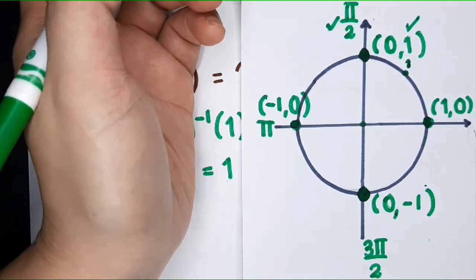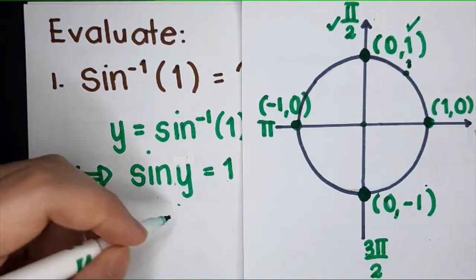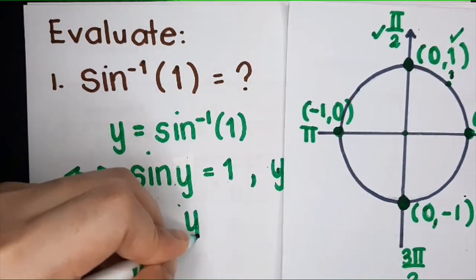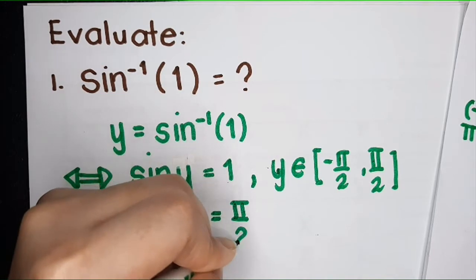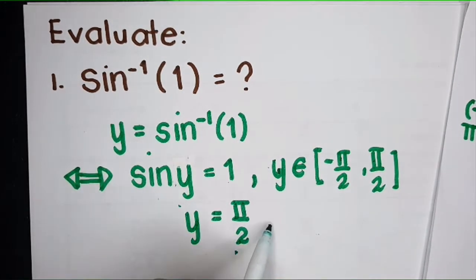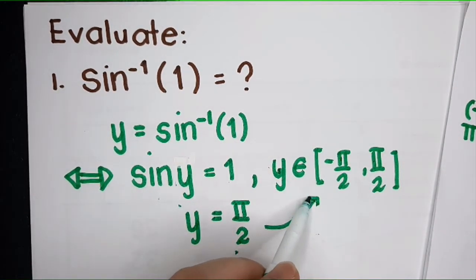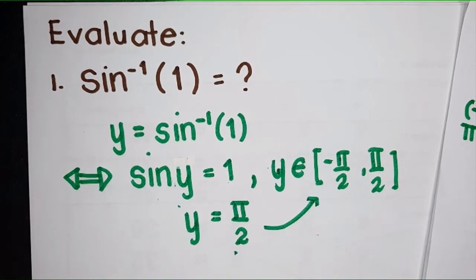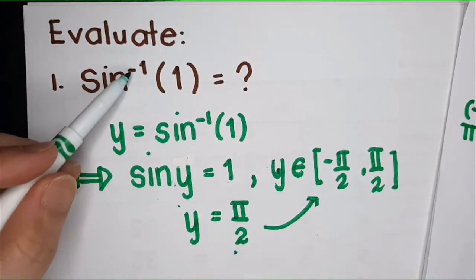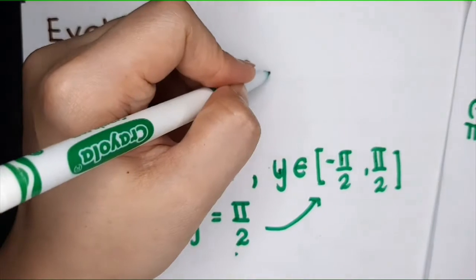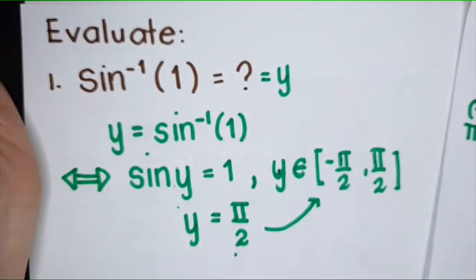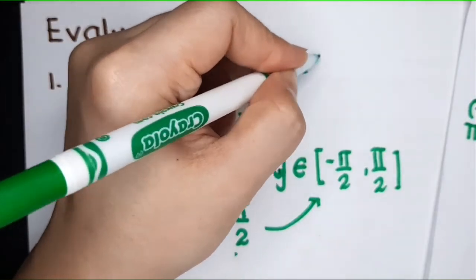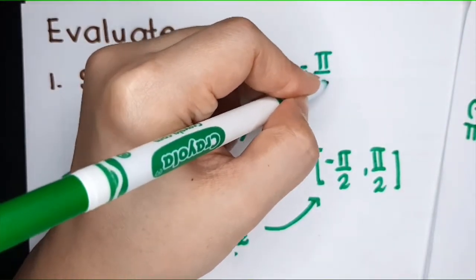It is pi over 2. So, therefore, y here is equal to pi over 2. Pasok naman siya dito. Okay? So, therefore, ang value ng sine inverse of 1 is equal to, di ba? Ito yung equal natin sa y. What is the value of y? Pi over 2.